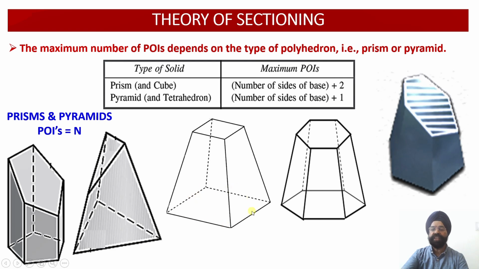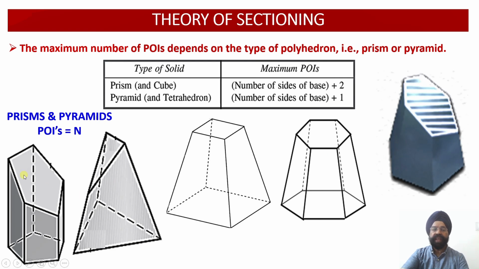The number of edges of the base was 4, POIs are also 4. Here the number of edges of the base is 6, so again POI 1, 2, 3, 4, 5, 6. Again they are 6 over here.